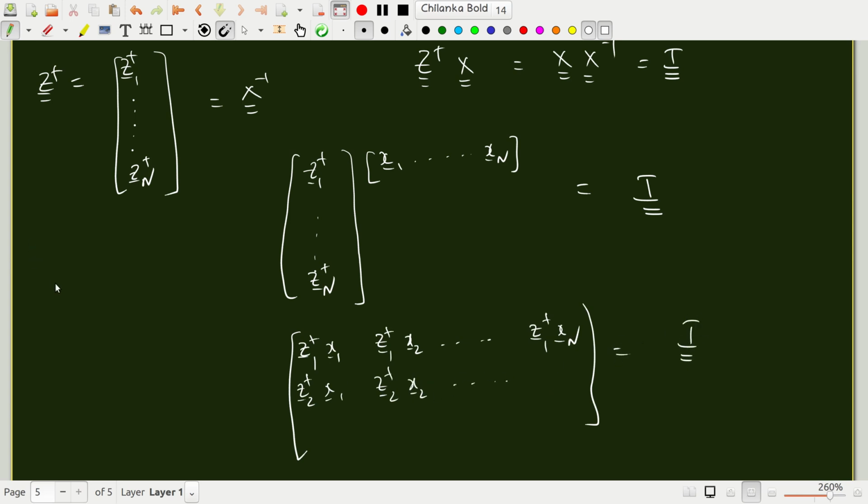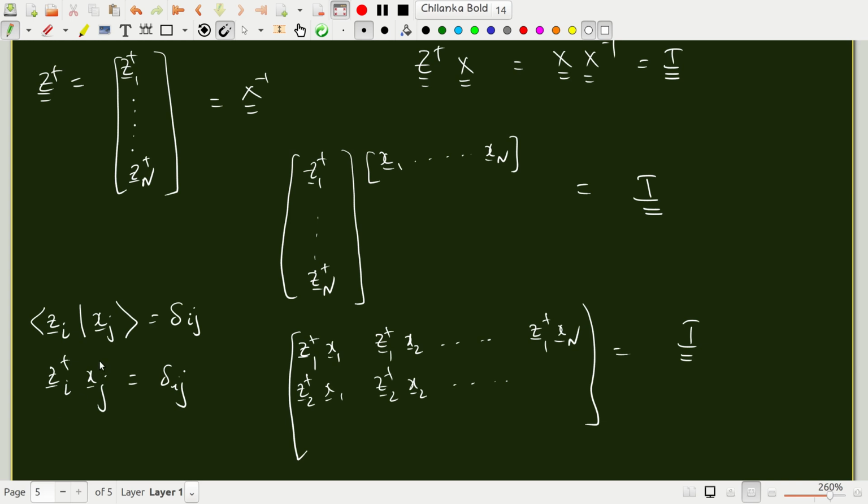That means that we have shown that zi dagger xj is delta ij. What we are showing is that the reciprocal vectors are orthonormal to the original basis vectors. The first reciprocal vector is along the same direction as the first basis vector. All the other reciprocal vectors are perpendicular, and so on.